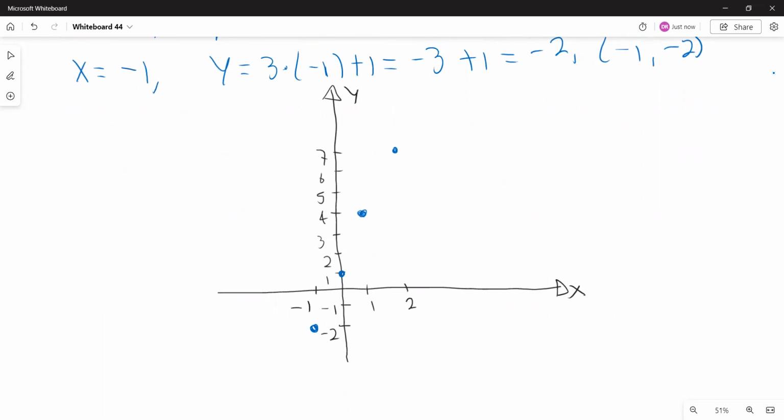Okay, we connect the dots in this case with a line segment. I didn't do it very accurately, but this should be 2, 7. And at the end, all points lie on a straight line.